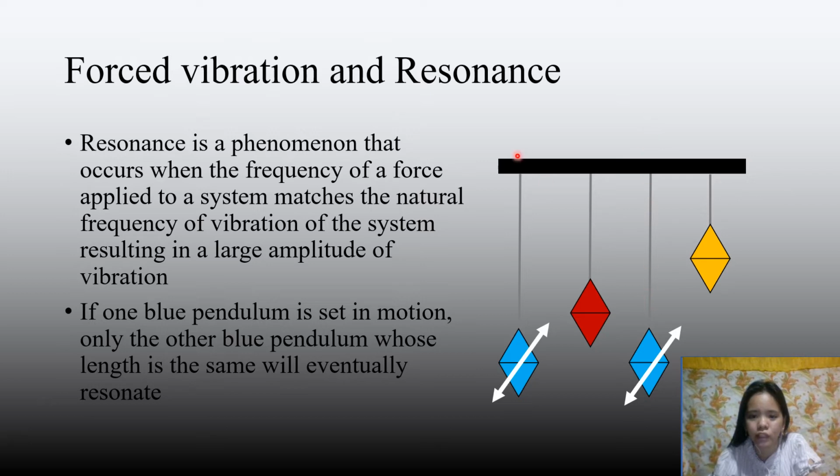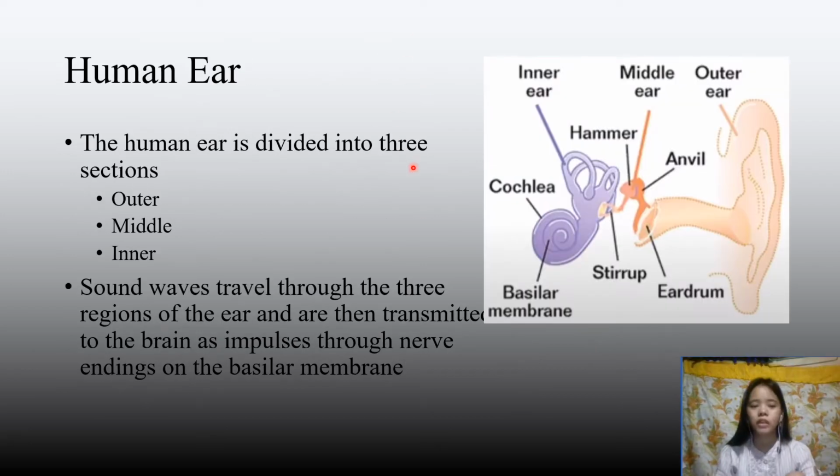So here we have the human ear. The human ear is divided into three sections: outer, middle, and inner. Sound waves travel through the three regions of the ear and are then transmitted to the brain as impulses through nerve endings at the basilar membrane.